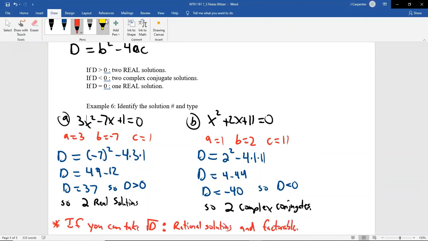Rational solutions means the original problem would have been factorable. You don't have to solve it with the formula or completing the square. Remember, in the real world, 98% of problems aren't factorable.